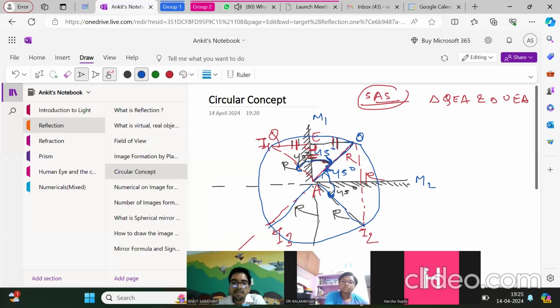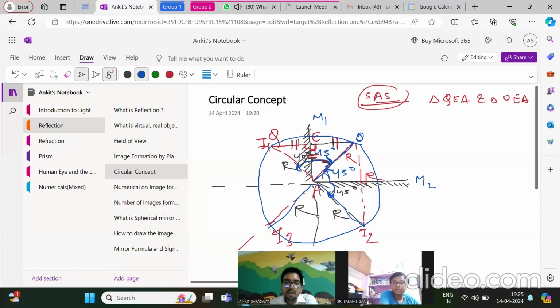If the object is clockwise, then the image will be anti-clockwise.